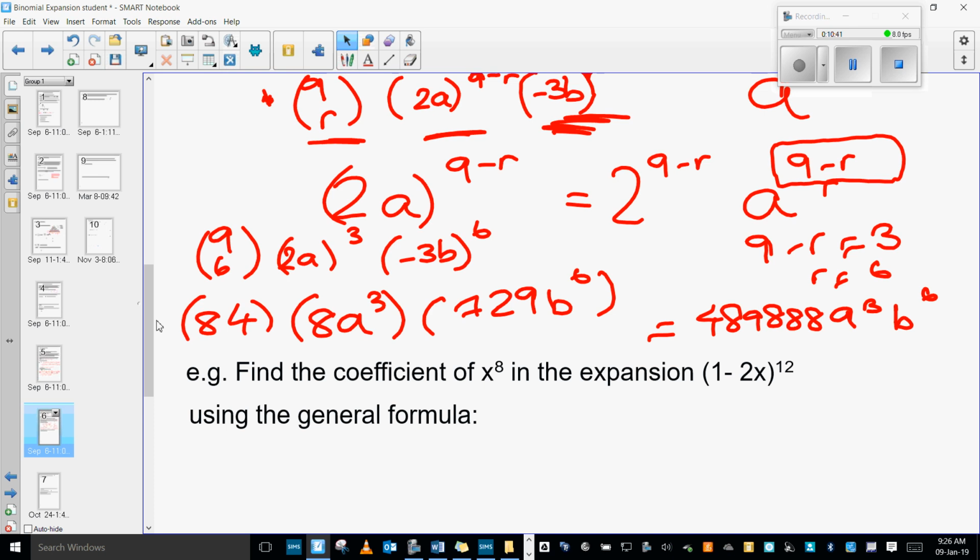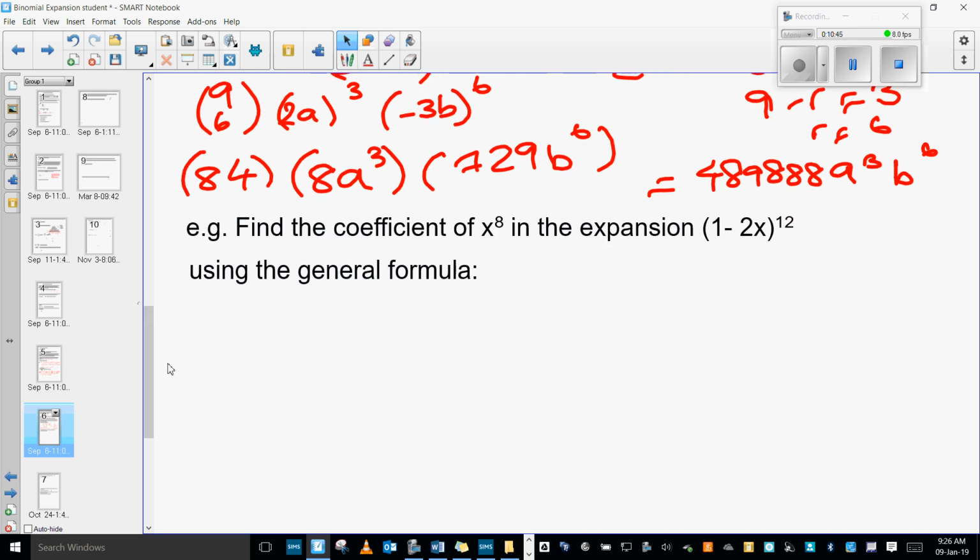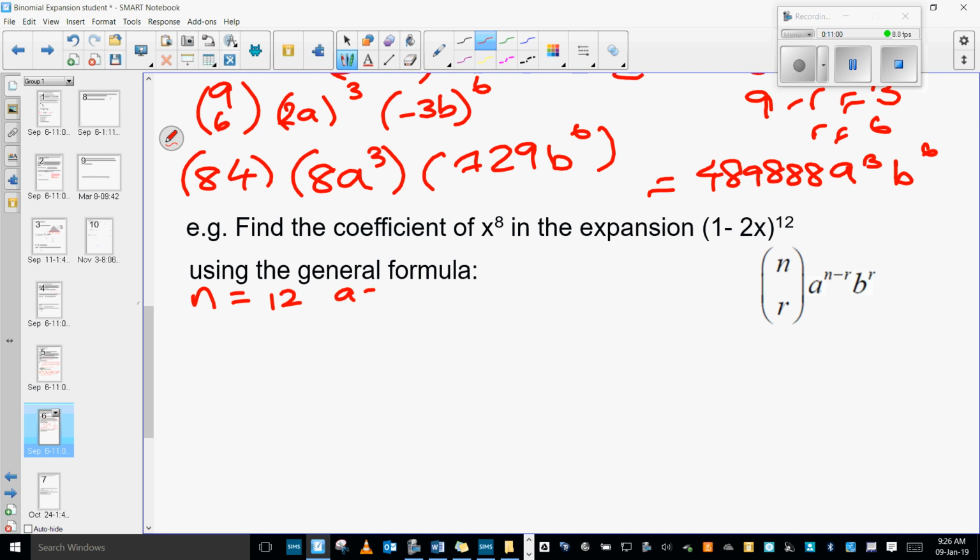Right, so we use our general expansion. So there's our general expansion that we've got from our formula booklet. We've got that n is 12, a is represented by 1, and b is represented by negative 2x. Lovely. So then we're going to stick that in.